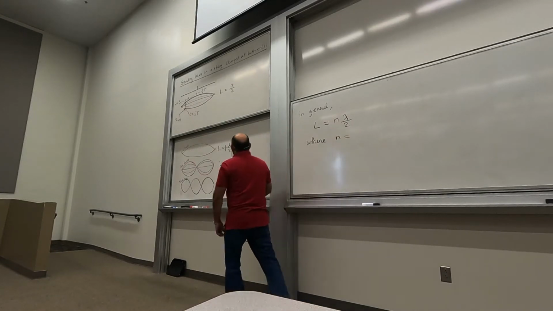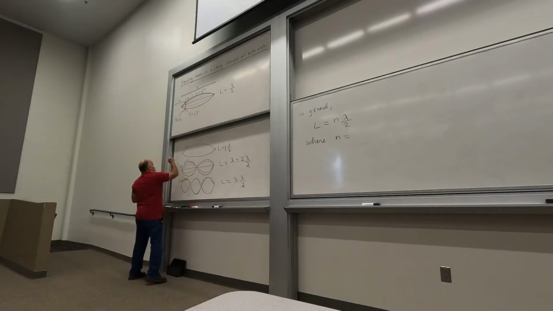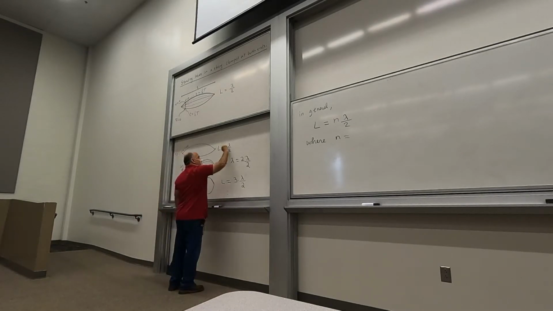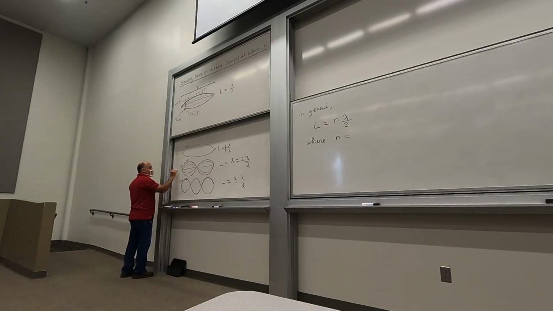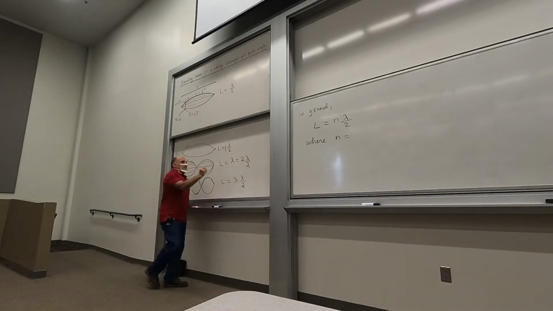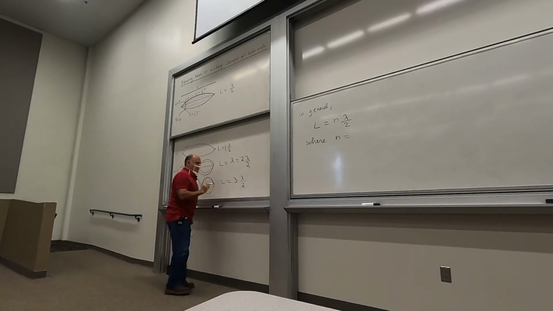n can only take on which values? Well, in this case, the very first picture, n is 1. That's this 1 over here. In the second picture, the other possibility is that n equals 2. That's because of this 2. In the third picture, n is 3.